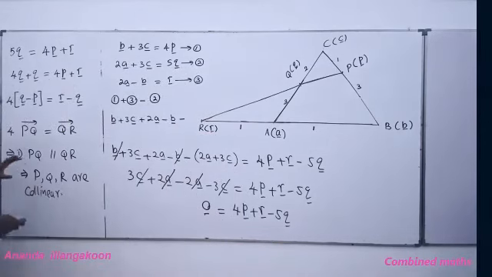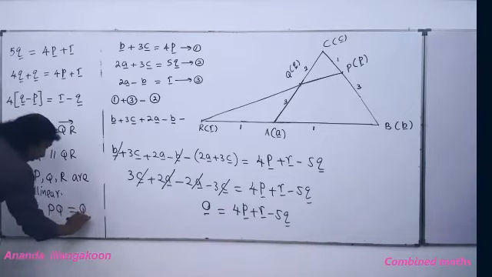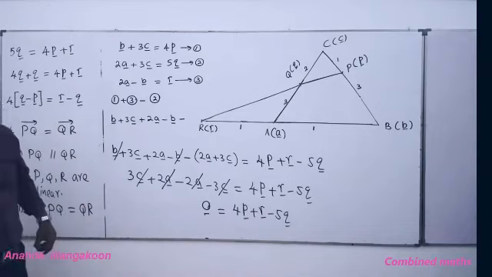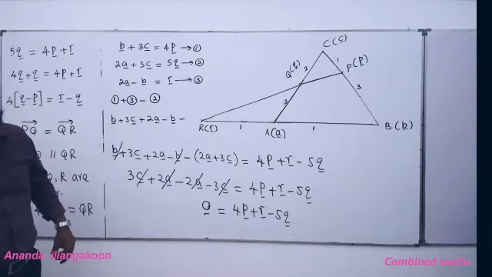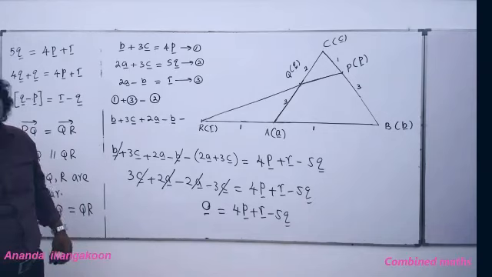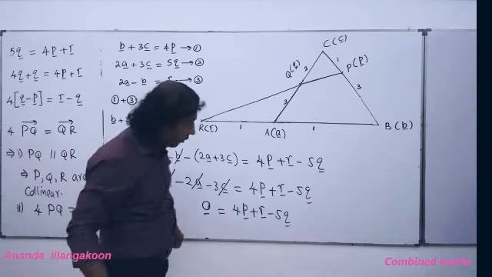People, what is the second property, second relation we can obtain by this? Number 2. When two vectors are equal, left hand side length and the right hand side length become equal. What is left hand side length? 4 times PQ length. Right hand side length QR. Now what is asked? A length of line segment ratio, PQ:QR ratio.